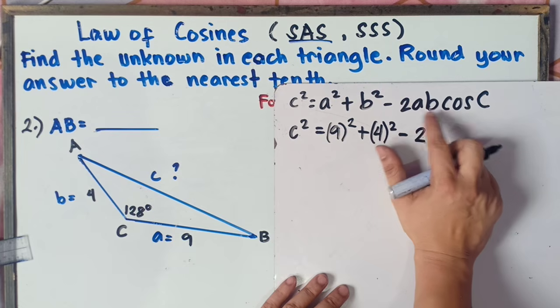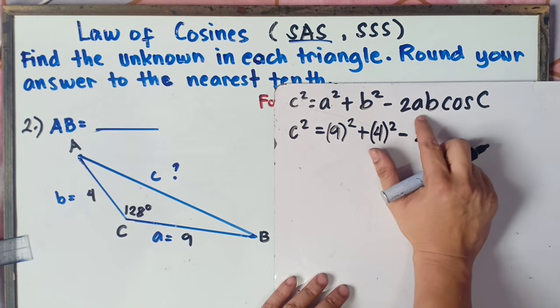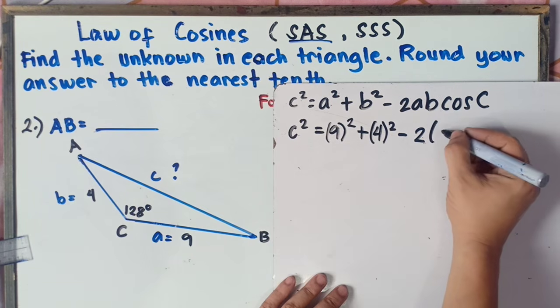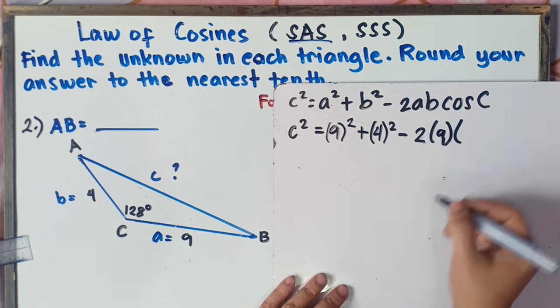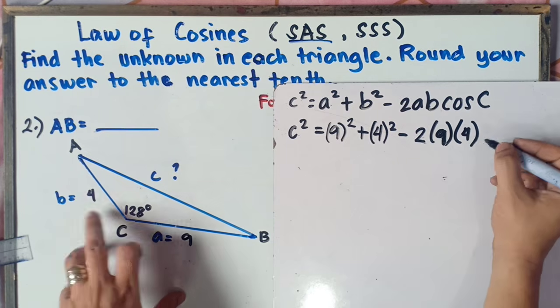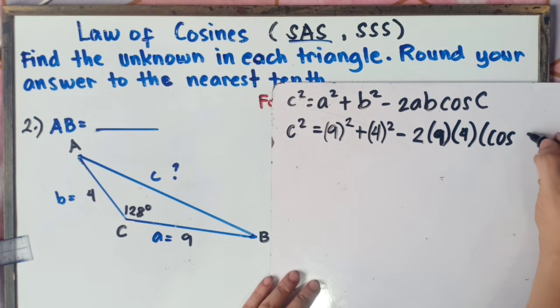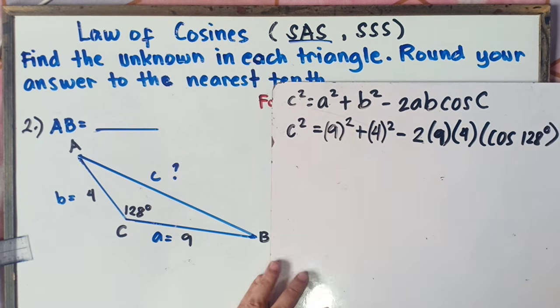Because it is multiplication if the variables are close to each other, ab means a times b. So 9 times 4, and then cosine of angle C, which is 128 degrees.